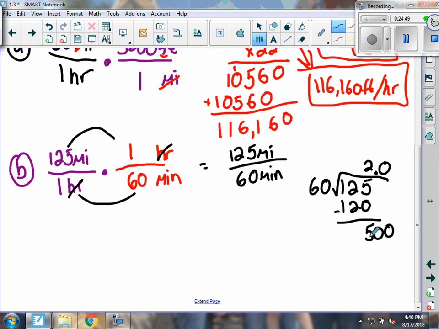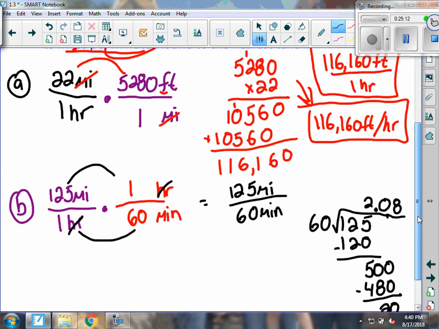How many times does 60 go into 500? 60 goes into 500 8 times. That's 480. 6 times 8 is 48, so 60 times 8 is 480. So 500 minus 480 is 20.